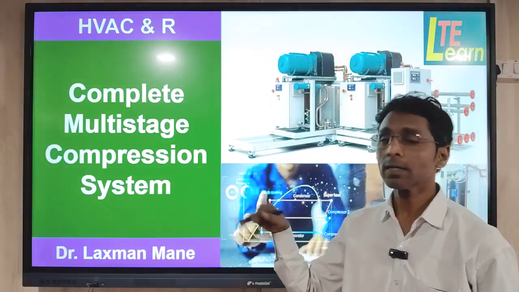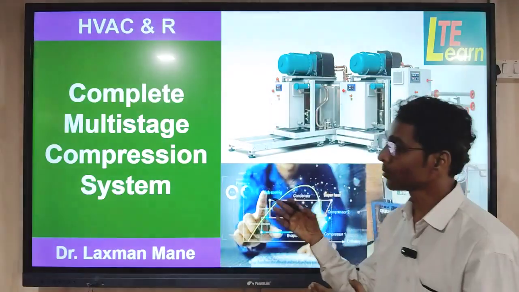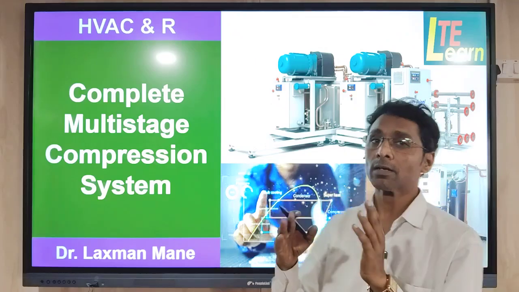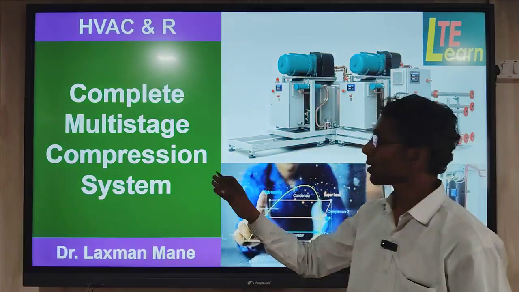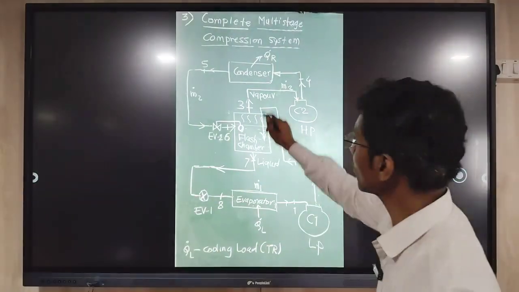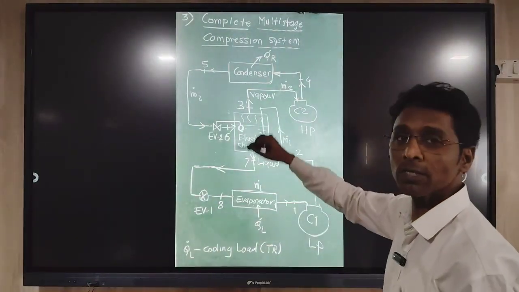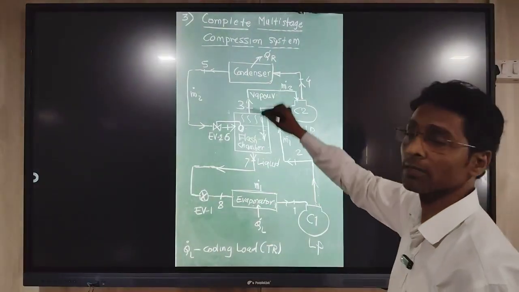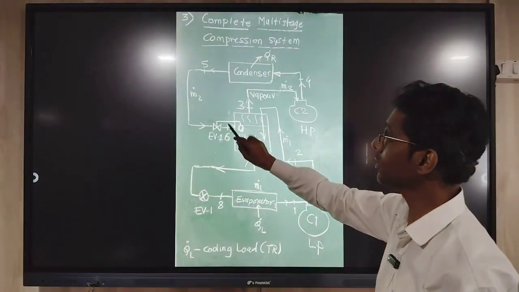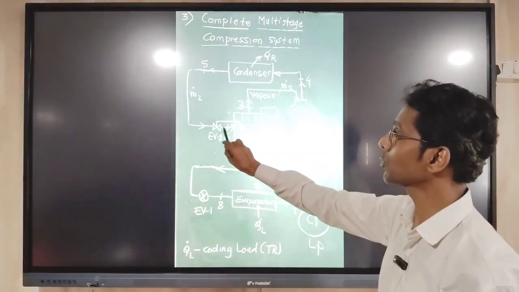On the left side, if you see the pH diagram and also the construction diagram of the system, the left side of the construction diagram is similar to the flash gas removal method. The condenser line is given to the flash tank through the expansion valve.